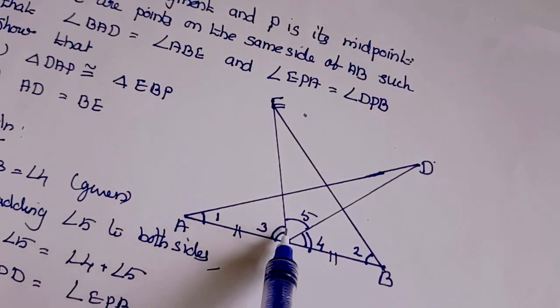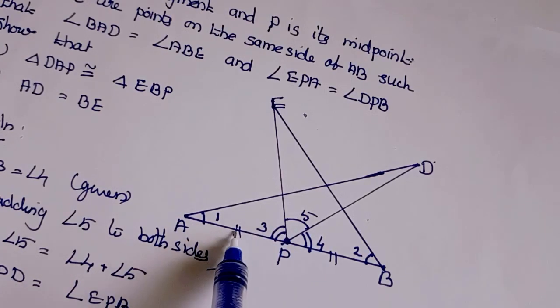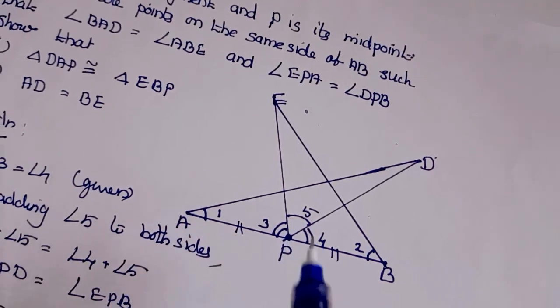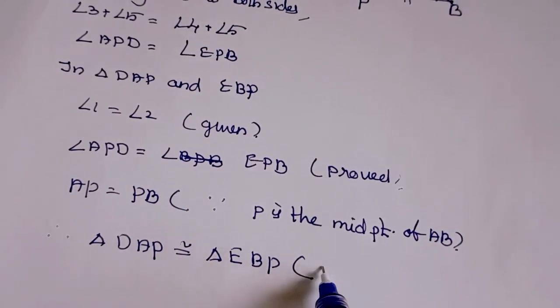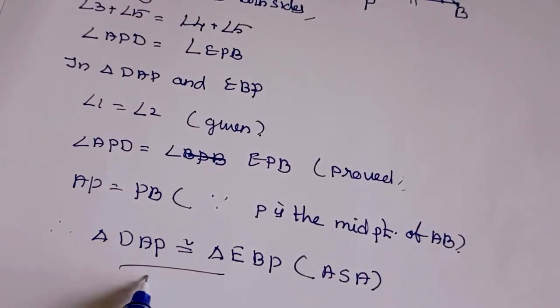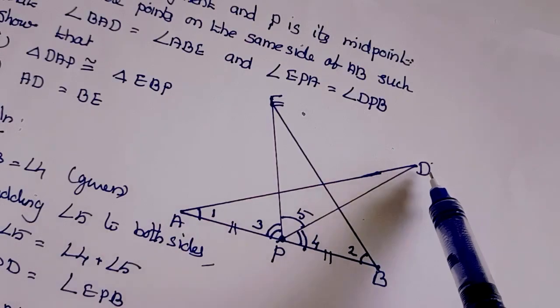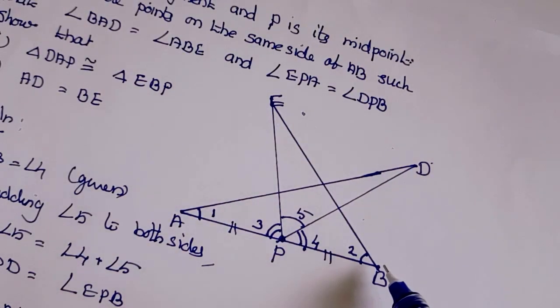By considering this triangle, these two angles and the included side, we get ASA congruence. ASA, angle and included side. First part is over. Therefore, we get AD equal to BE, reason CPCT.